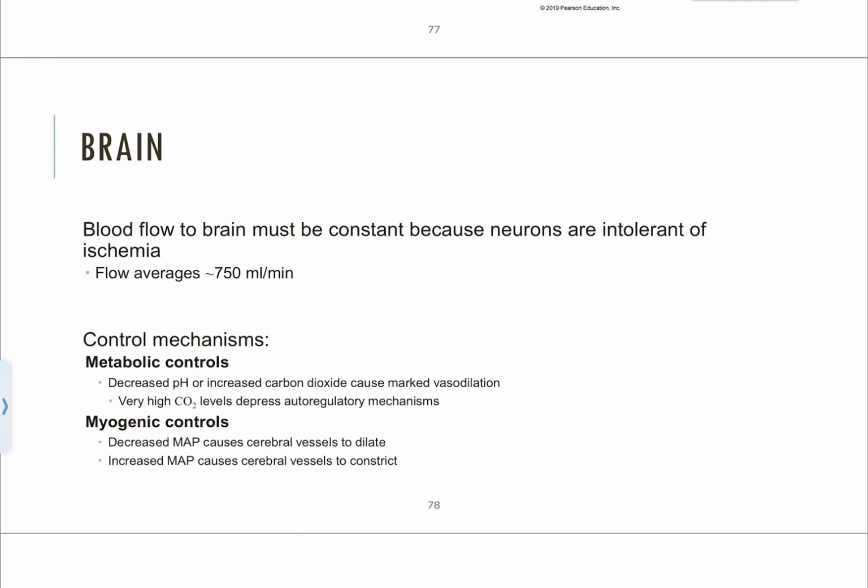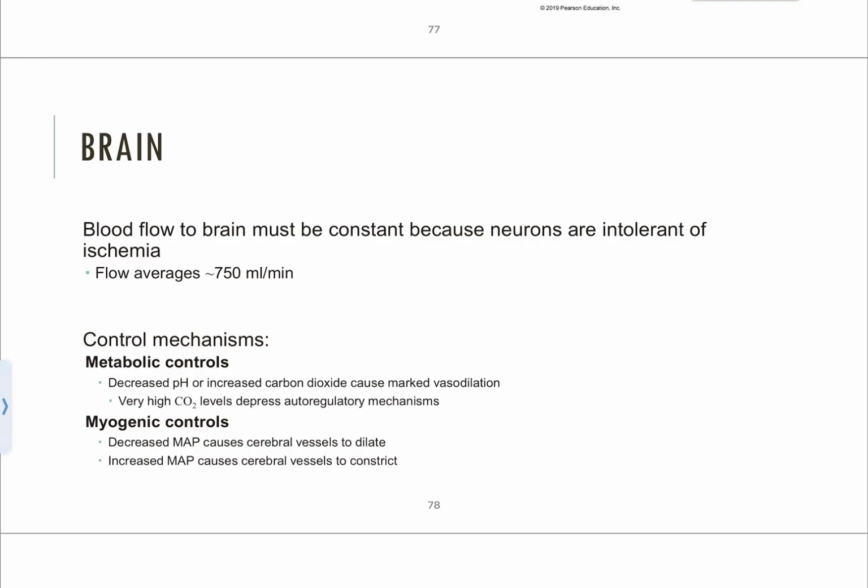The control mechanisms are the same twofold that we saw previously for intrinsic mechanisms. We have metabolic and myogenic. So metabolic is our chemical controls. If we have a decreased pH, which means a high acidity, carbon dioxide is an acid, so an accumulation of carbon dioxide as a waste product would be indicating that we have a lower pH than normal.